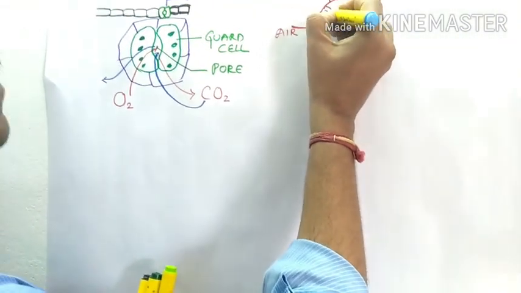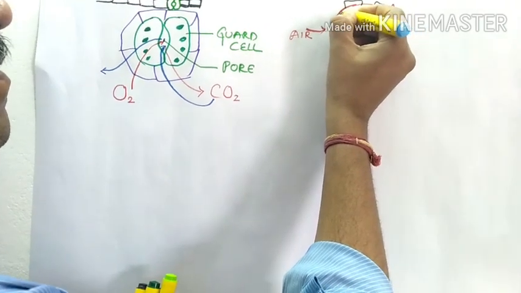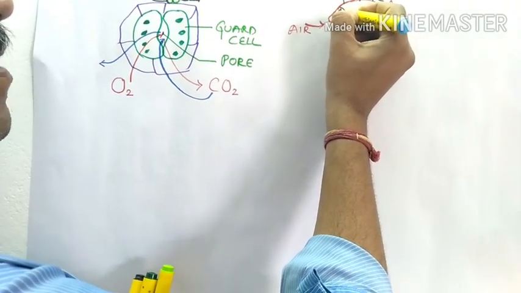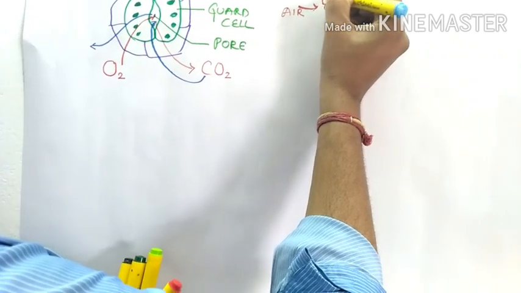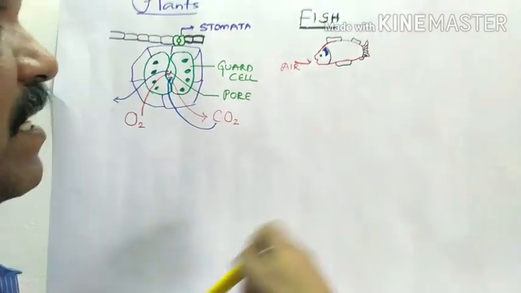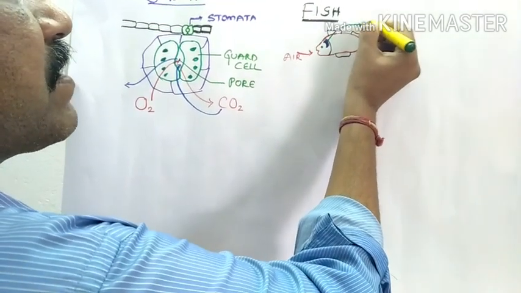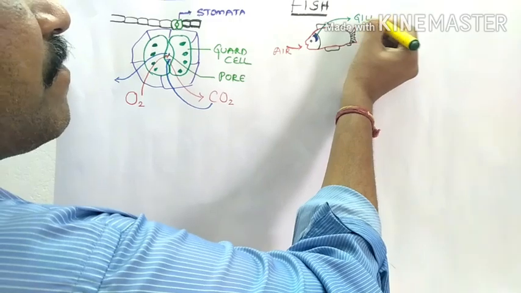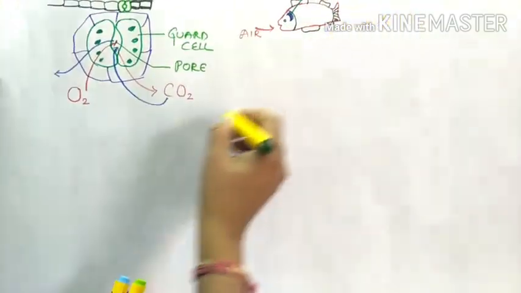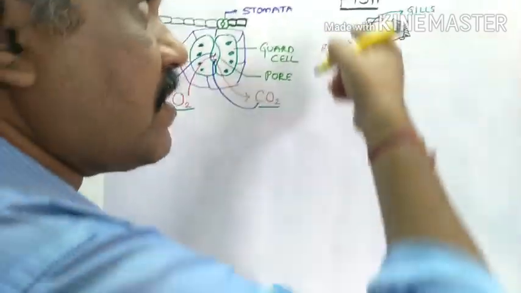The gills are a very prominent structure which are seen here. The air enters the gills, where these two molecules get exchanged. That is in the case of fishes.